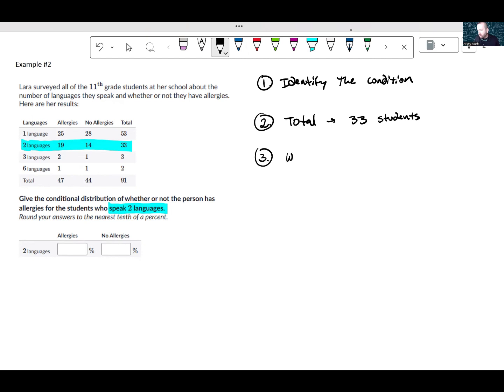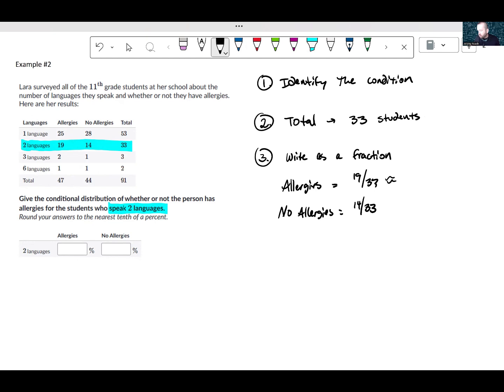So just say write as a fraction. For a student who speaks 2 languages and has allergies, that is 19 out of 33. And students who have no allergies, that's 14 out of 33.